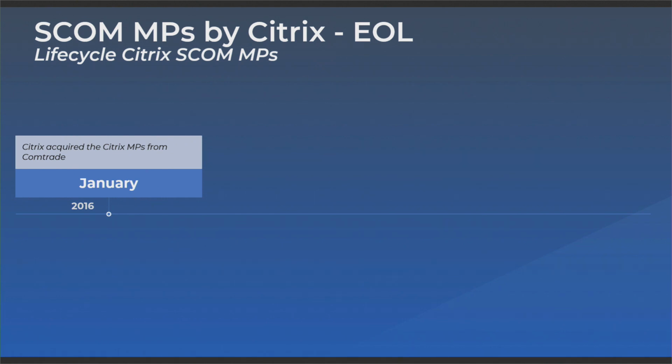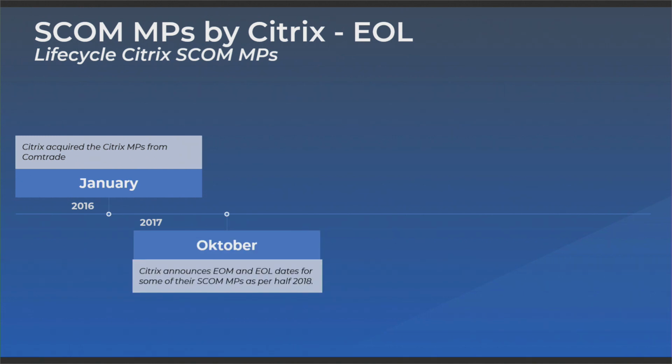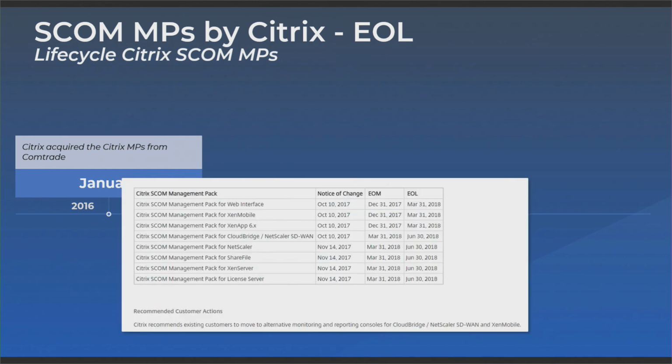I feel like there's some bad news coming though. Well, let's jump a little bit further in time. In 2017, by the end of October, Citrix made an announcement that a few of their SCOM management packs would go end of maintenance and end of life.